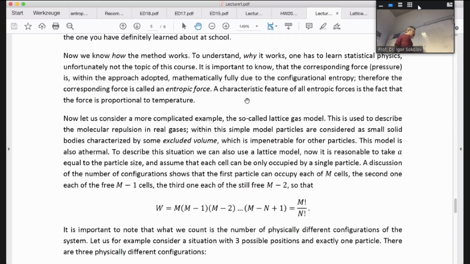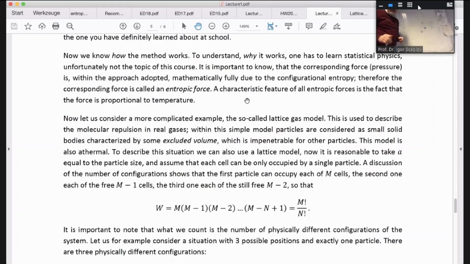Now, I want to model a situation in which my molecules, which in the ideal gas were point particles, could essentially fly not feeling that other molecules are there. But let us consider a situation, again as a model, which seems more realistic. For example, what happens if you have molecules like the noble gases? The molecules of noble gases can be relatively well represented as hard spheres.